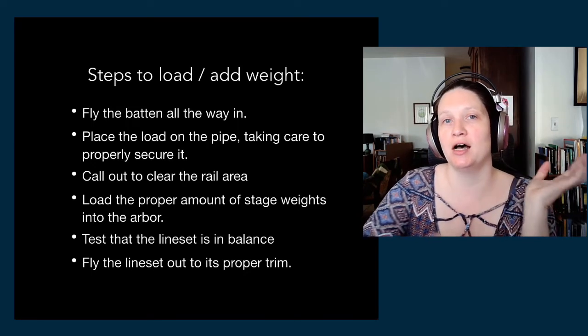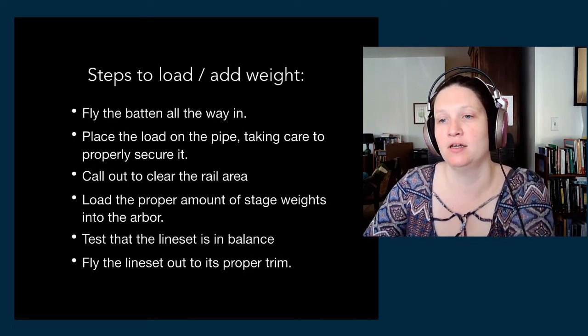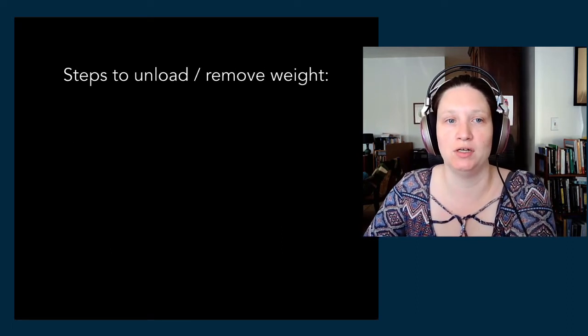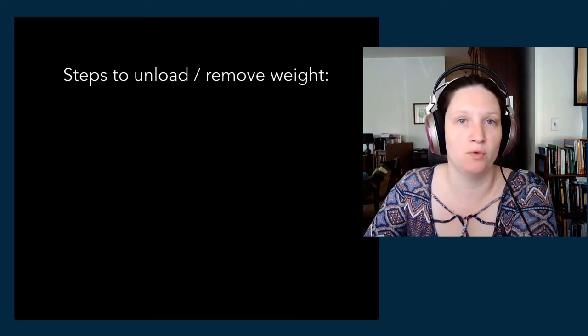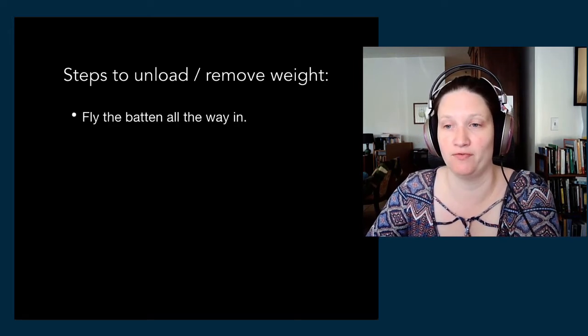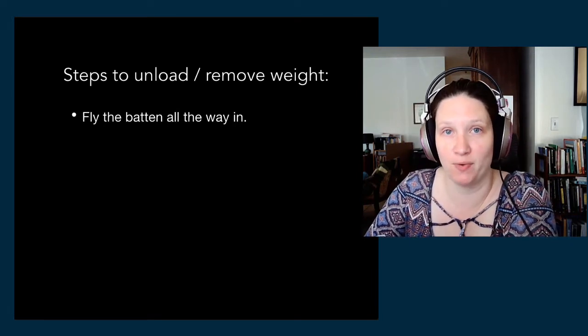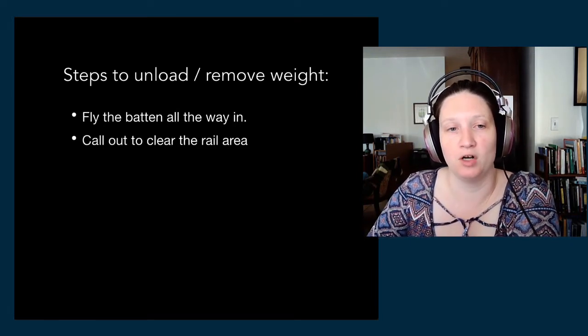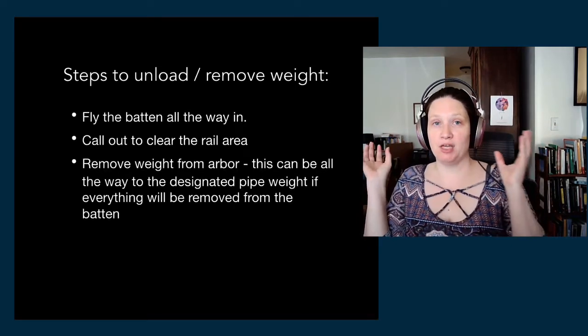So the unloading system is exactly the opposite. So to unload and remove weight from the fly system, we do exactly the opposite of the thing that we did at first, okay? So we'll still first fly that batten all the way in. We'll call to clear the rail, and then we will remove weight from the arbor.